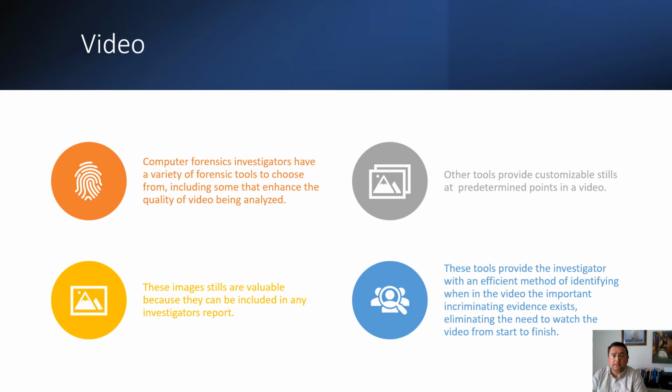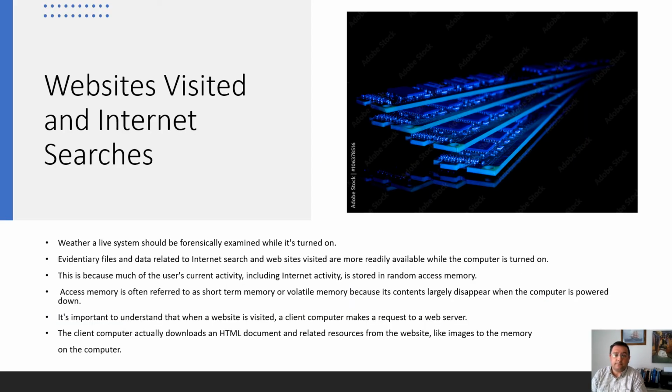These image stills are valuable because they can be included in any investigation report. These tools provide the investigator with an efficient method of identifying when in the video the important incriminating evidence exists, eliminating the need to watch the video from start to finish. So this is another issue that needs to be kept in mind.